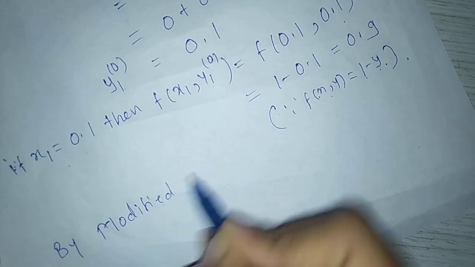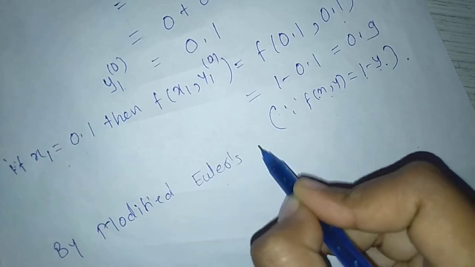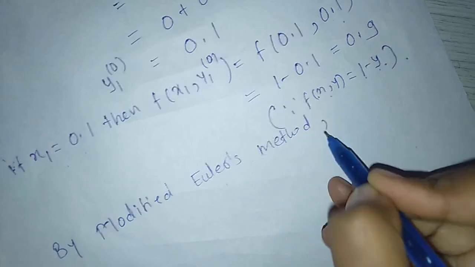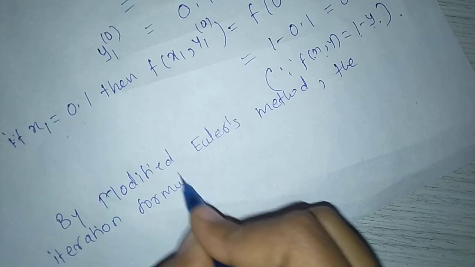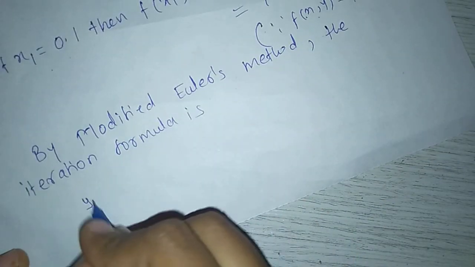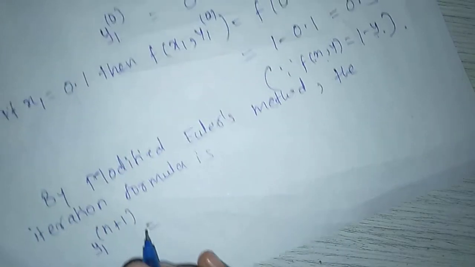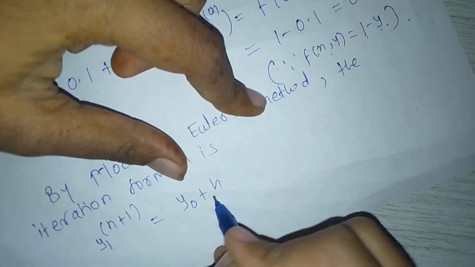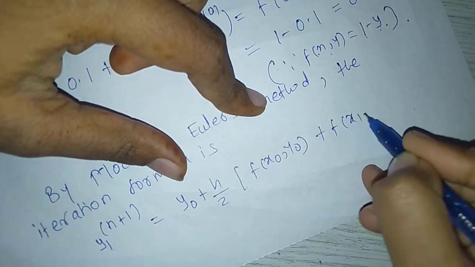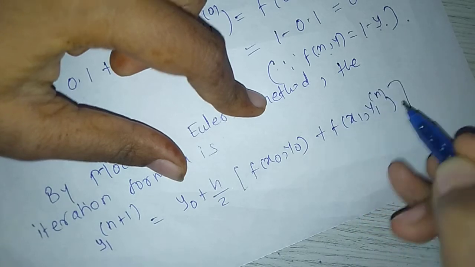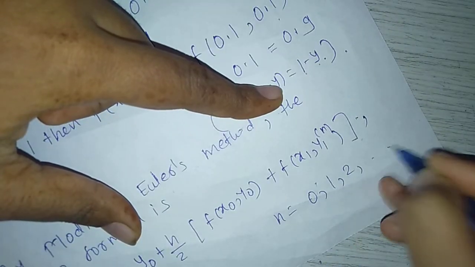By modified Euler's method, the iteration formula is y1 raised to n plus 1 equal to y0 plus h upon 2 into f of x0 y0 plus f of x1 y1 raised to n, where n runs from 0, 1, 2 and so on.